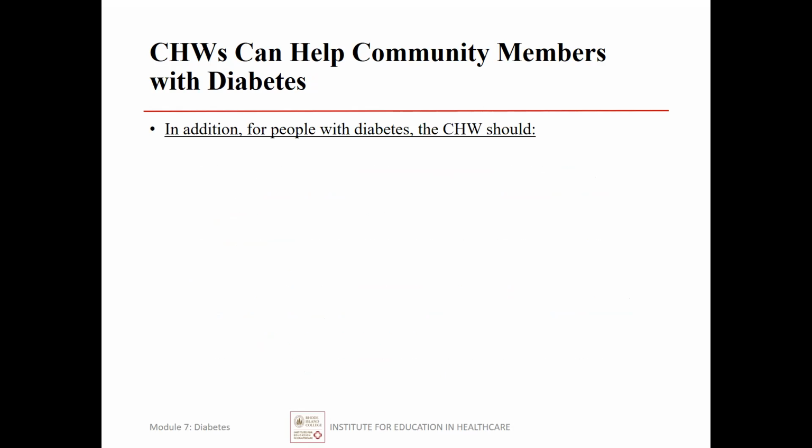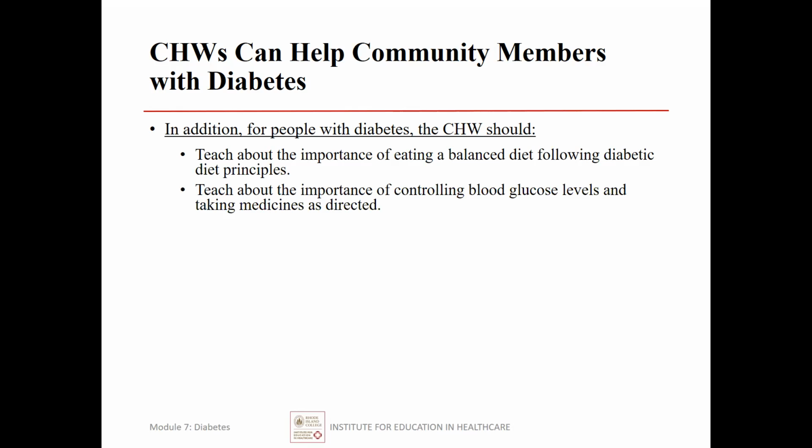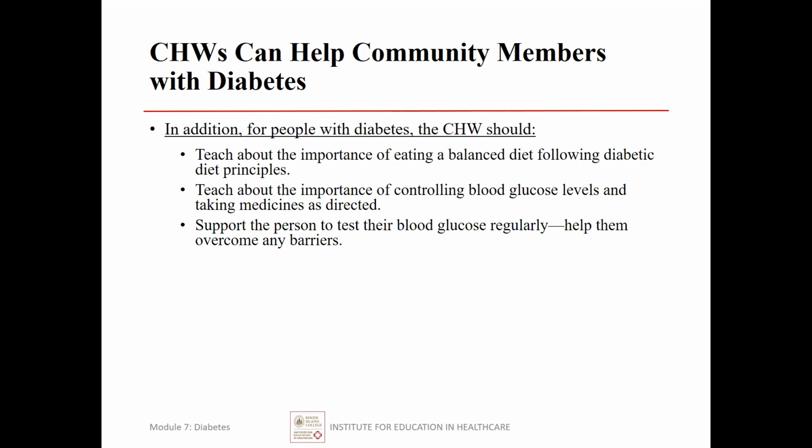Now, in addition to all of those things, for people who have already been diagnosed with diabetes, community health workers should also teach about the importance of eating a balanced diet following diabetic diet principles, controlling blood glucose levels, and taking medicines as directed. Support the person to test their blood glucose regularly, and help them overcome any barriers they've identified.